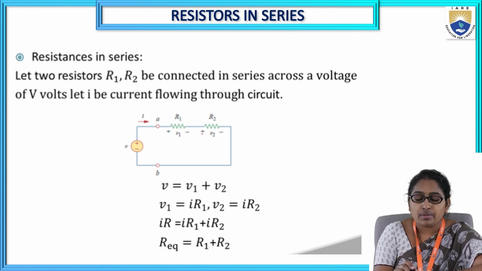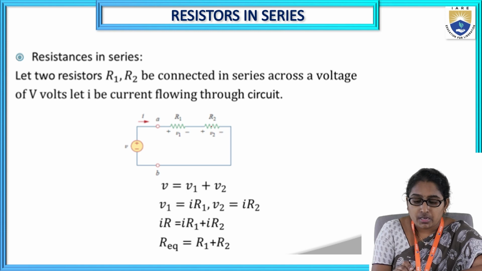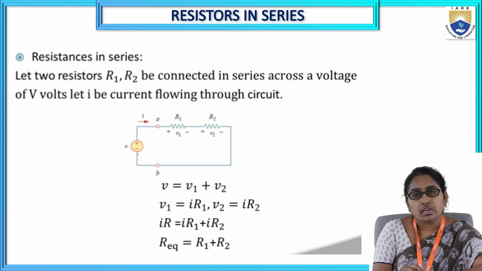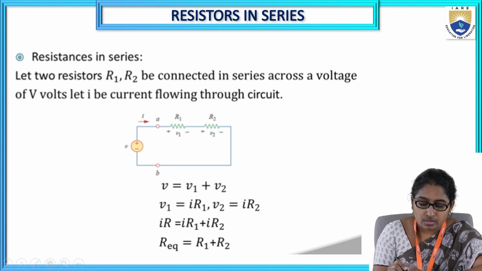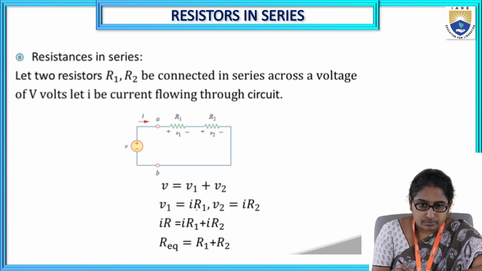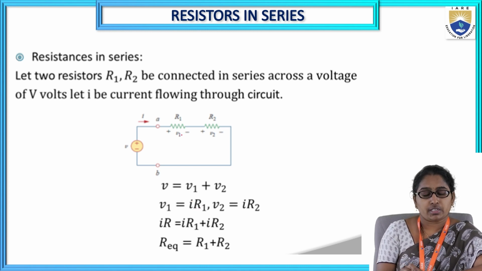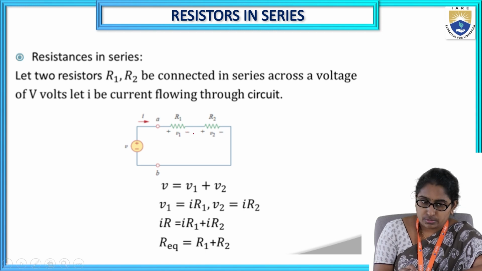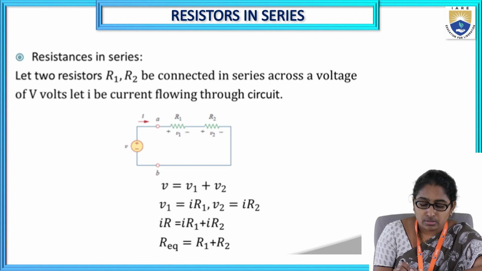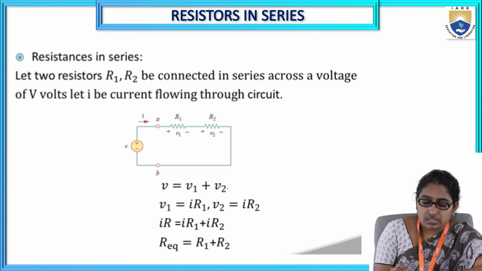Across the first element, let us say V1, and across the second element, V2. We also know that V is equal to V1 plus V2. Now, from Ohm's law, V1 equals IR1, the voltage across resistor R1. The current flowing through resistor R1 multiplied by its resistance gives V1. Next, V2.